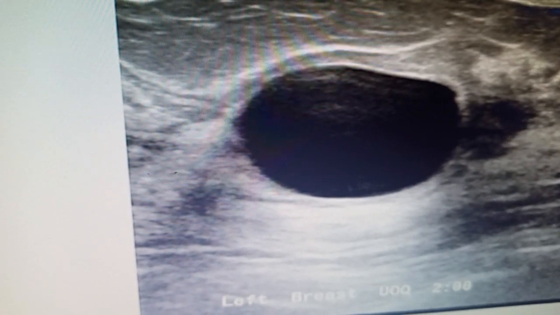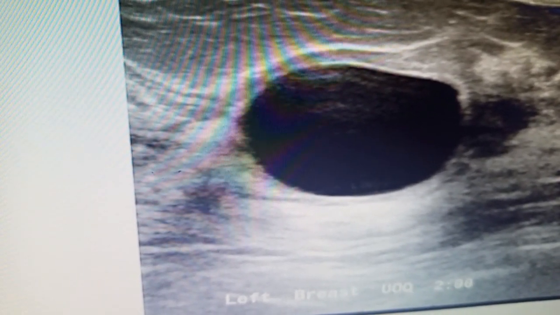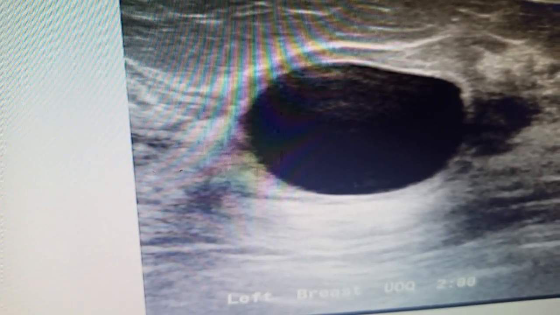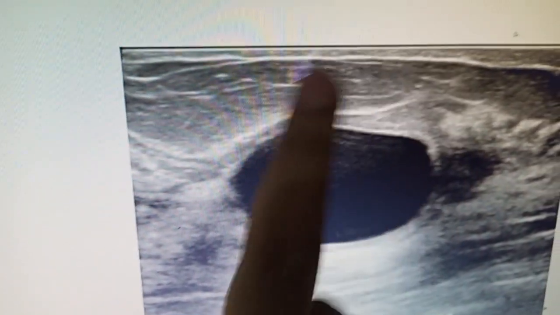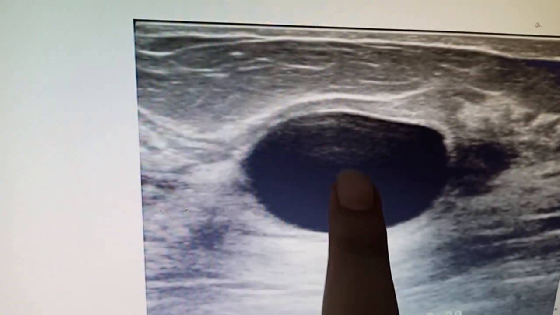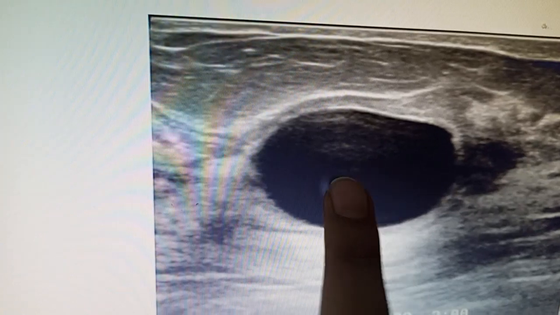This is the feature of the simple cyst on the ultrasound. Smooth, oval, anechoic with posterior acoustic enhancement. You can see this is the smooth anechoic with the posterior acoustic enhancement. On the BI-RADS, it is categorized into BI-RADS 2.